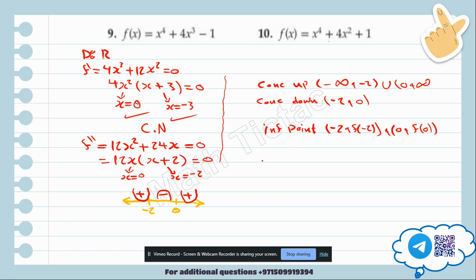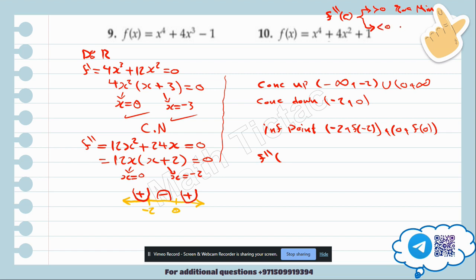Now for the second derivative test for finding the local points, I can find f double prime of the critical numbers. If you remember the rule, if f double prime of the critical number is greater than 0, that means you have a local minimum, which means if it's positive it will be a local minimum.